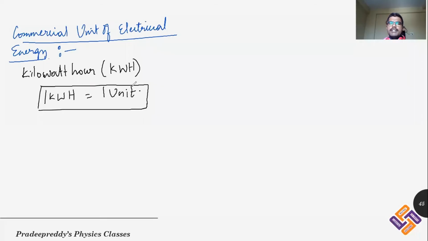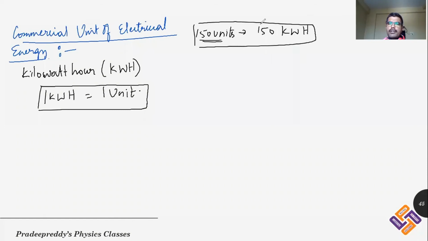So the commercial unit of electrical energy is 1 unit. If your electric bill is 150 units, what does it mean? All the consumers present in your home are drawing electrical energy, and the total energy consumed is 150 kilowatt hours. 150 kilowatt hours of electrical energy is consumed in your home if the electric bill is 150 units.